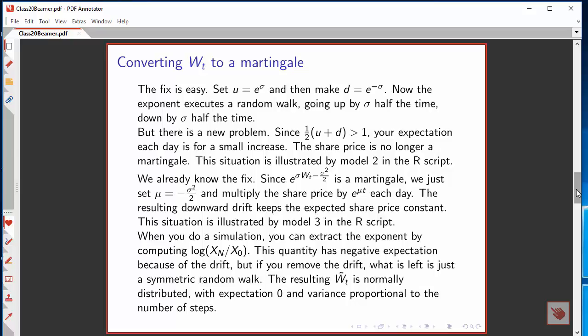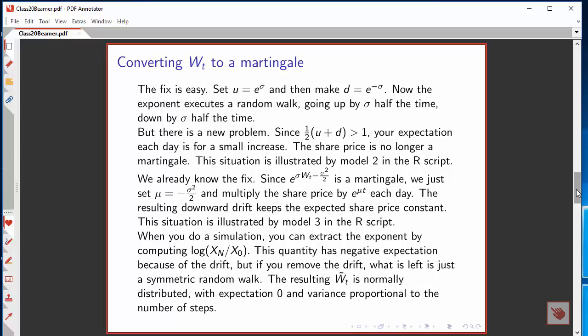Now when we do a simulation of lots and lots of random walks, we can extract the exponent by saying the initial price, x0, gets multiplied by some exponential to get the final value, x sub n.